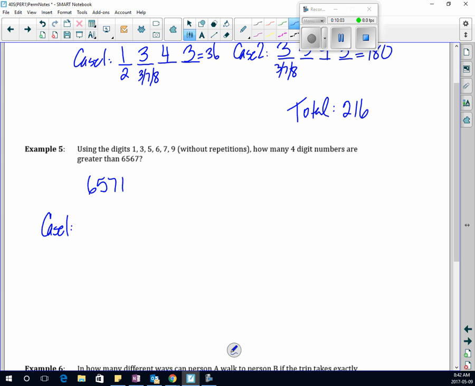Case 1, it has to be 65, and then we can either have a 7 or a 9 here. I can't go all the way to the hundreds. Does everybody understand that? I can't just change the 5 and make it a 5, 7, or a 9. Because in the tens, I could end up choosing something lower, right? So I have to restrict it down to the tens.